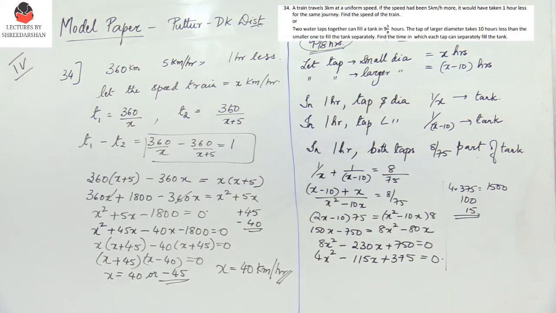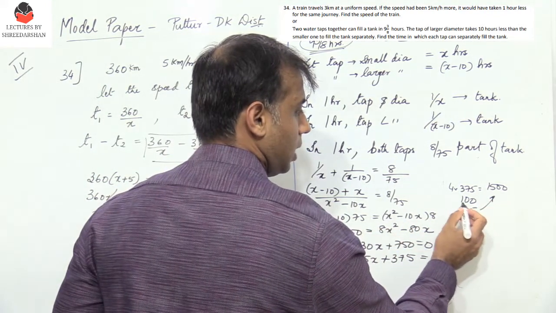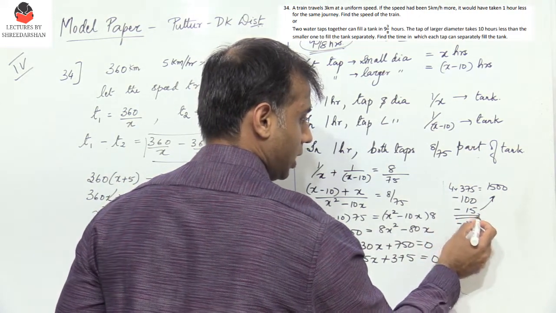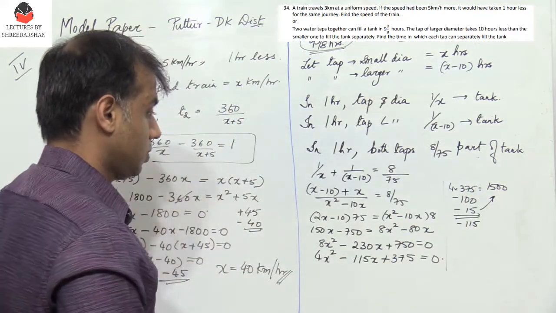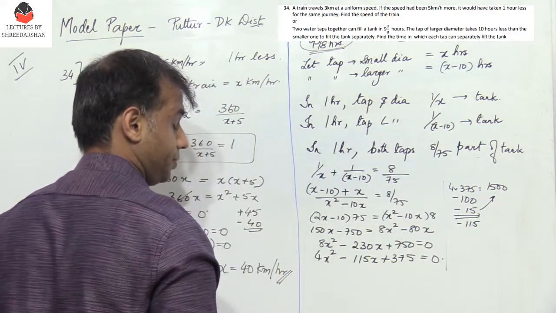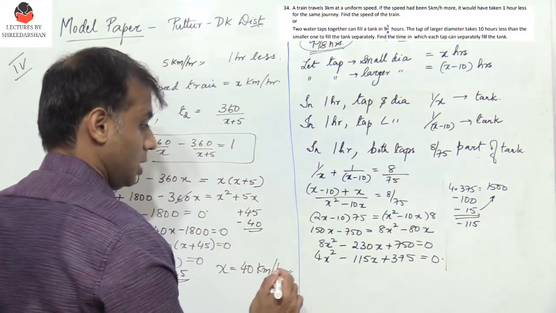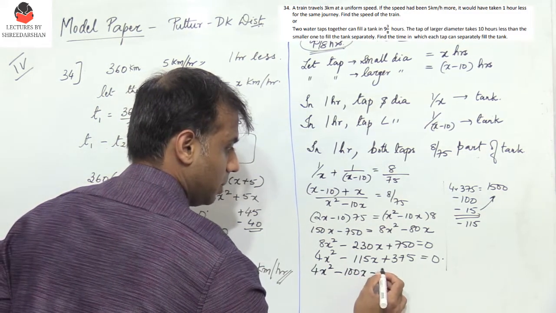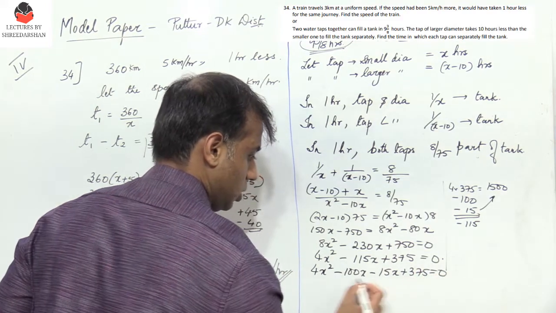So 100 into 15 gives me 1500. Minus 100 minus 15 gives me minus 115. So when you multiply these two you get 1500. So I have 4x square minus 100x minus 15x plus 375 equal to 0.